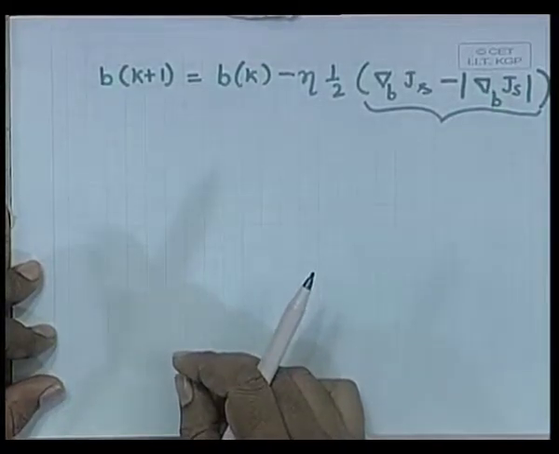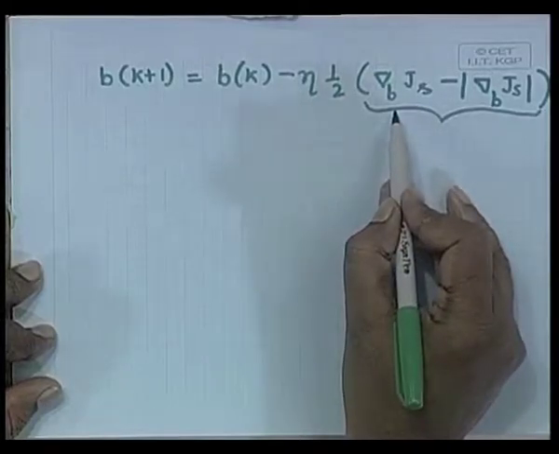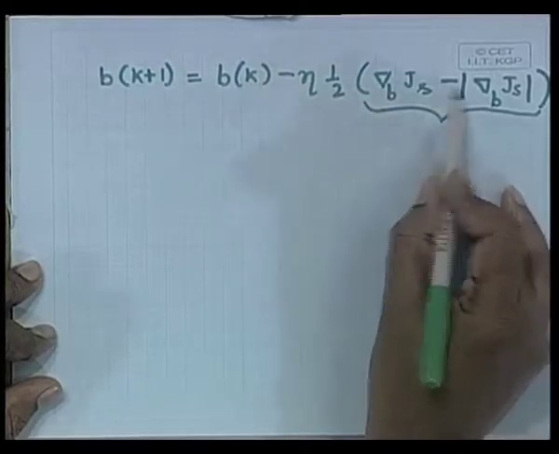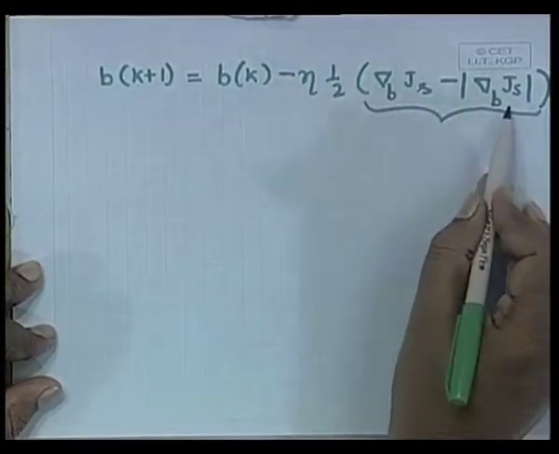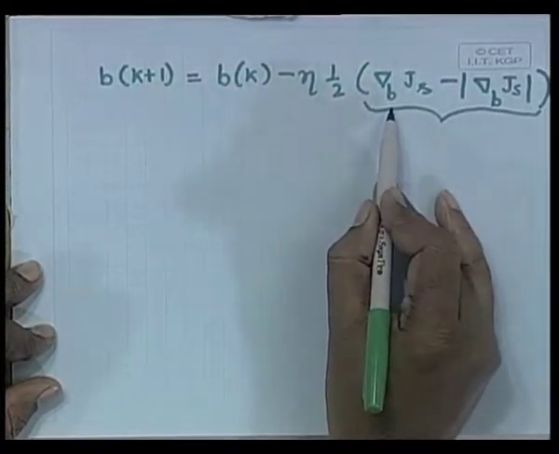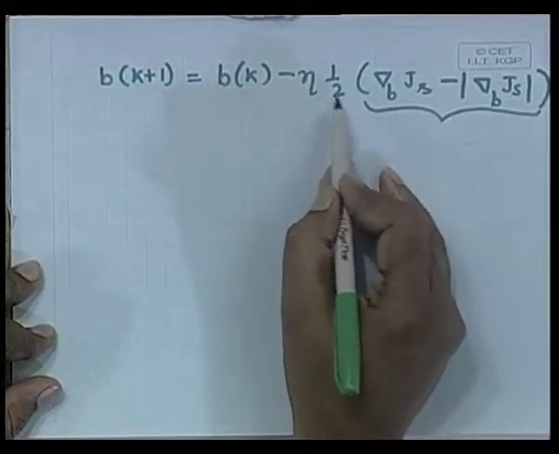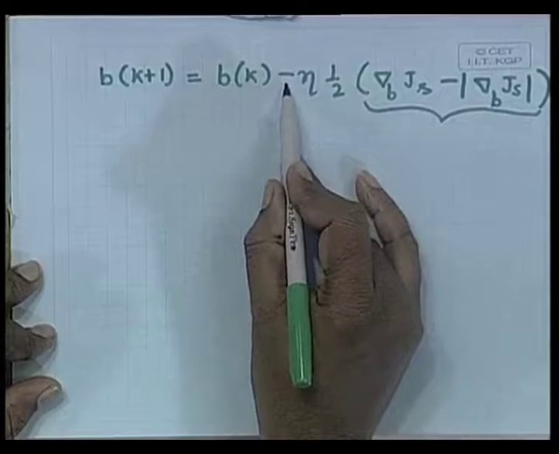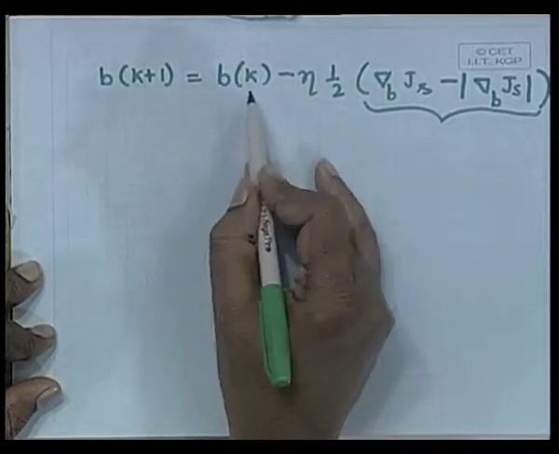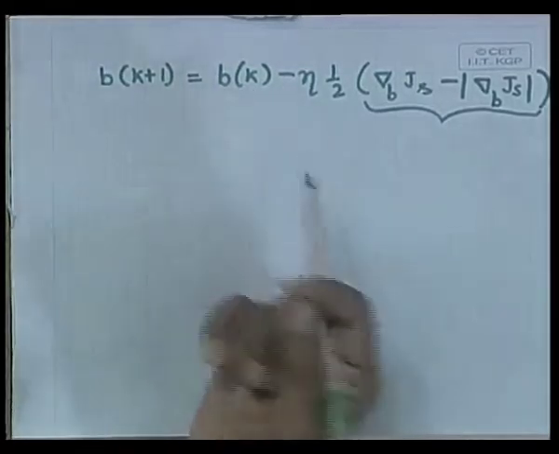Whereas if the gradient of J_S with respect to B is negative, I get a negative quantity which is twice the gradient of J_S with respect to B. To nullify this factor 2, you incorporate this half, and since here it is negative and here also negative, overall you get a positive term. So effectively, to obtain B(k+1) from B(k), I am adding a quantity to B(k).